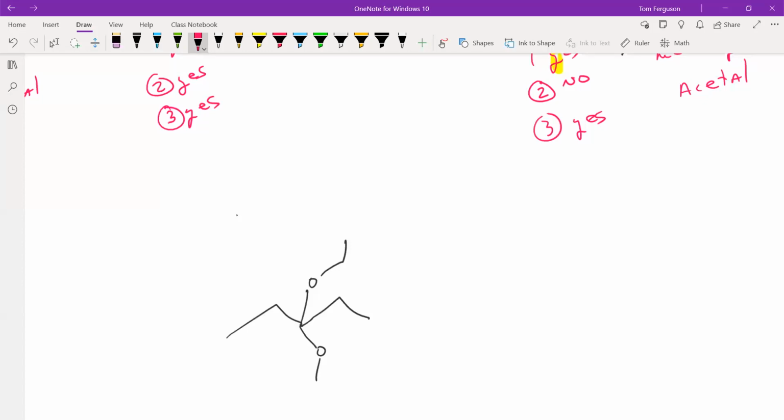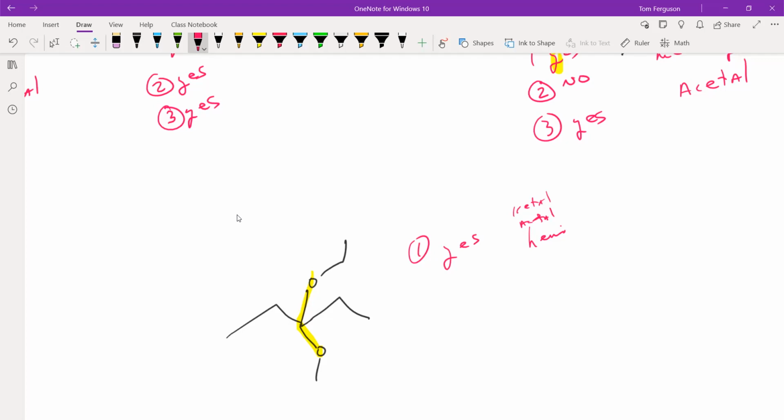All right, well, we have OCO. So that's a yes. Now, that again means we have a ketal, an acetal, or hemi versions. So there's 4 options whenever we have an OCO.